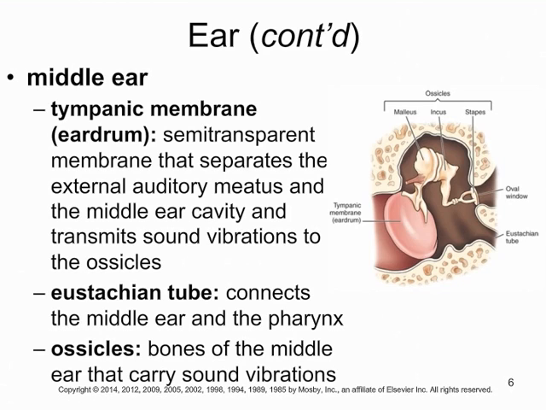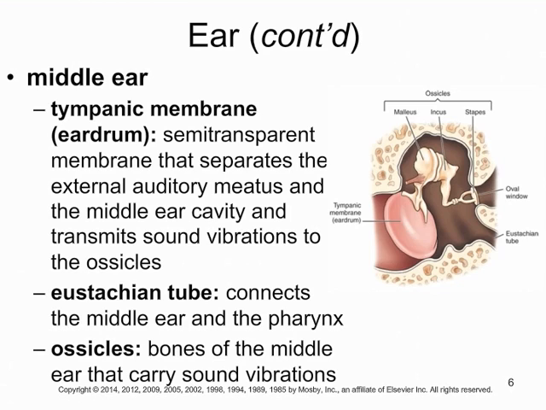The next portion are called the ossicles. I'm going to get into more of them on the next slide, but the ossicles are a collection of 3 bones that vibrate and carry those sound vibrations to the next portion of the ear.